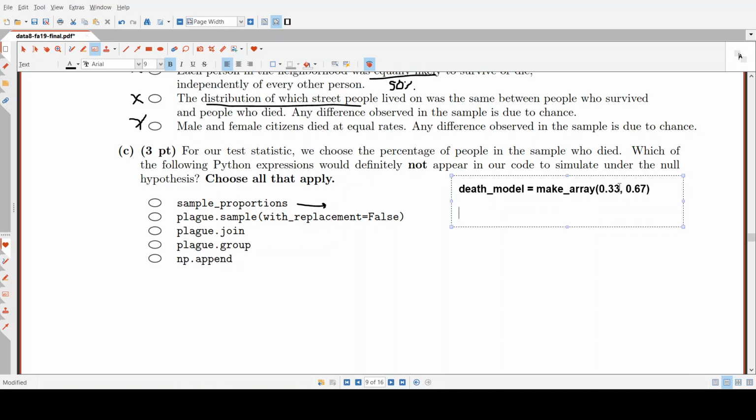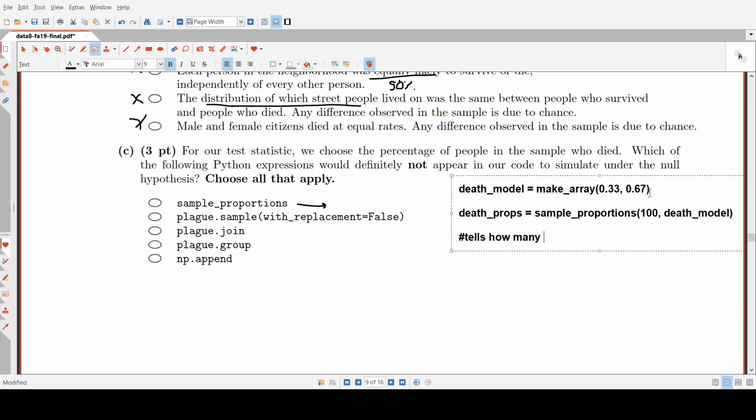And then we can take death proportions equals sample proportions, and then we can call this on a sample size, so we can say 100 people, and then using death model. And that would tell us what proportion of these 100 died. So that is possible to use sample proportions.